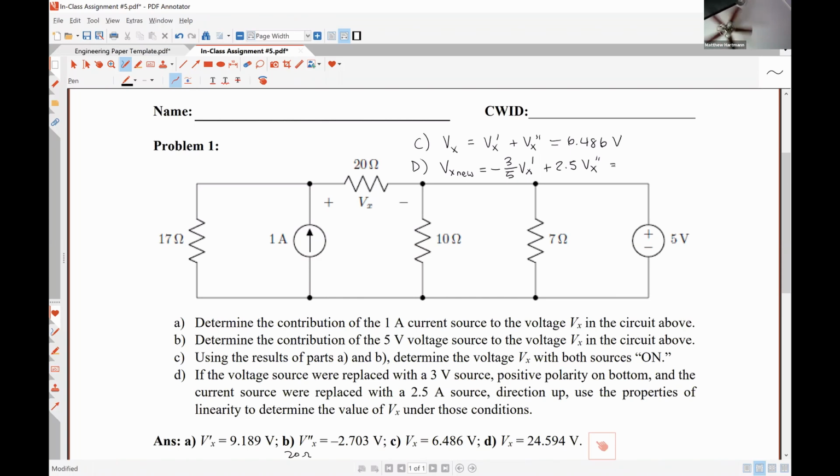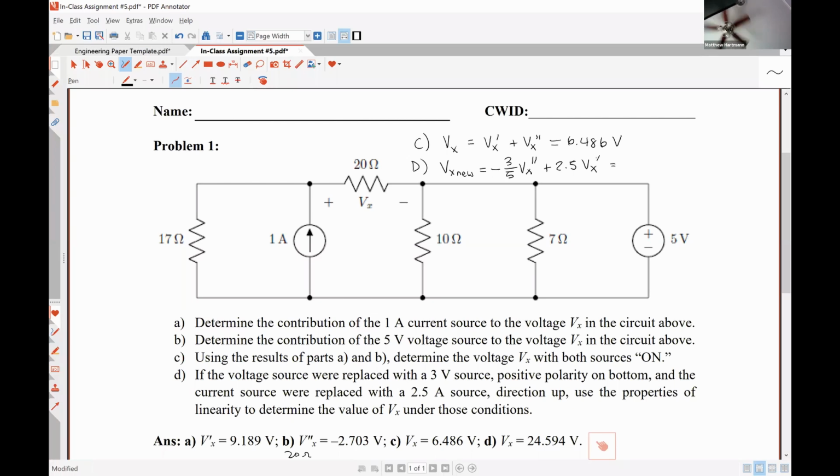well dang it, I got a different answer. Let's see. So what did, oh, I see what the issue is. This should be Vx double prime and this should be Vx prime. That's my fault. Because Vx double prime is the one where the voltage source is on, and we talked about scaling the voltage source first.